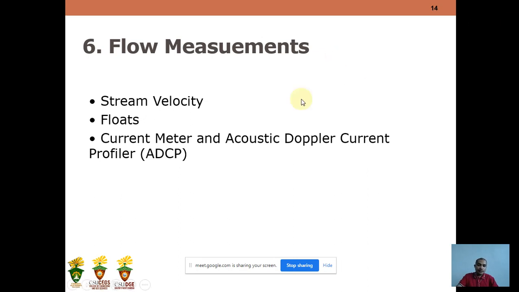And we are also going to discuss the acoustic Doppler current profiler, or ADCP.